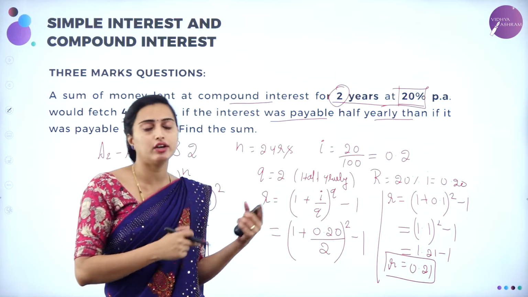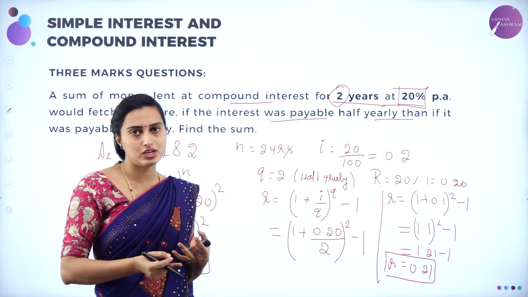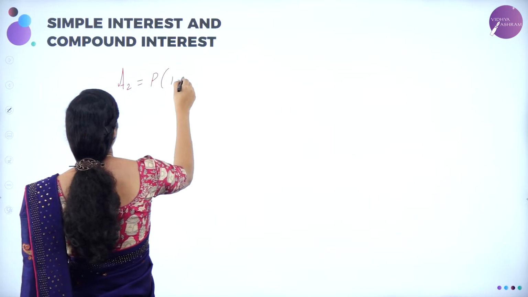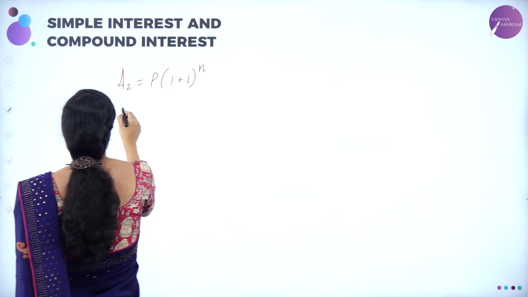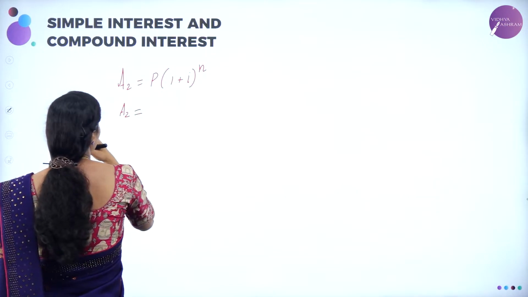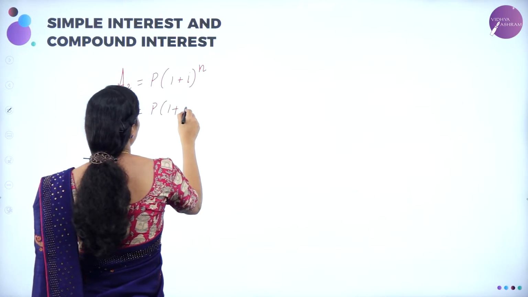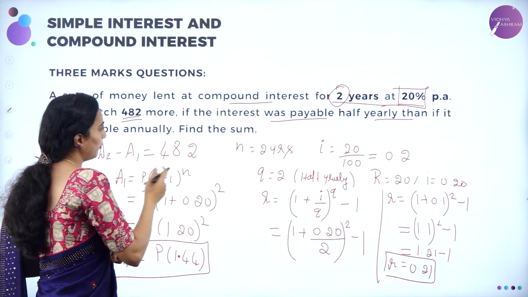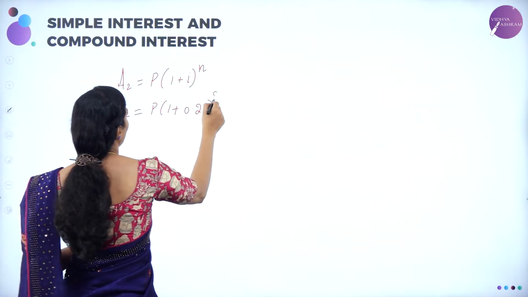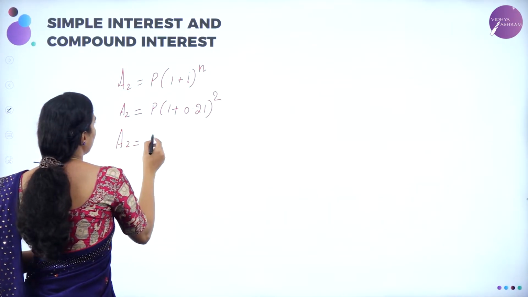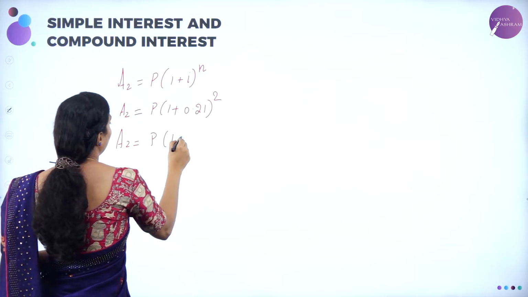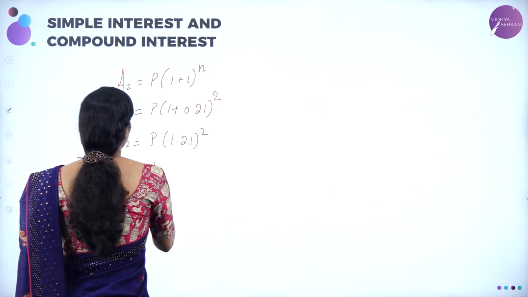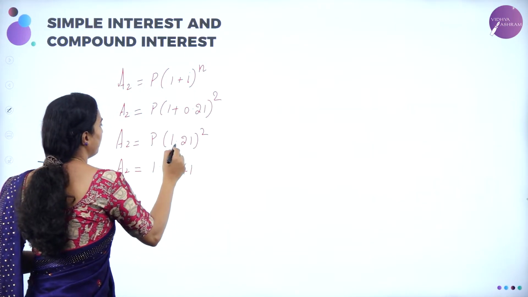Now by using this rate of interest, we are going to calculate A2. A2 is equal to, again the same formula, P into (1 plus I) whole to the power of N. So A2 is equal to P into (1 plus 0.21) whole to the power of N, which is 2 years. So A2 is equal to P into 1.21 whole squared, which is 1.4641P.